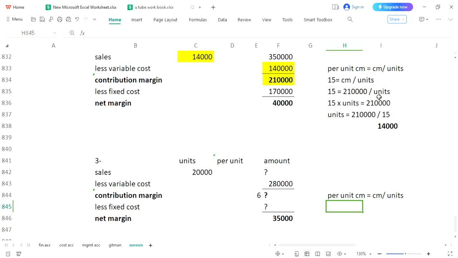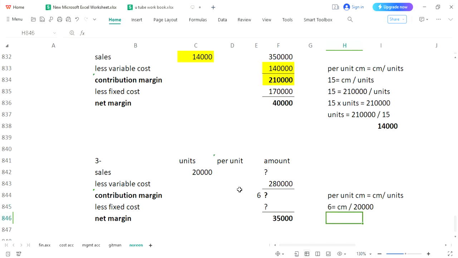The same formula has been used for the first part, for the second part, and now for the third part. Per unit CM was given in the question. This was 6, so you can put 6 over here. It is equal to CM, which is unknown, but the magic is we do know the units. Units were given in the question, 20,000, so put 20,000 over there.